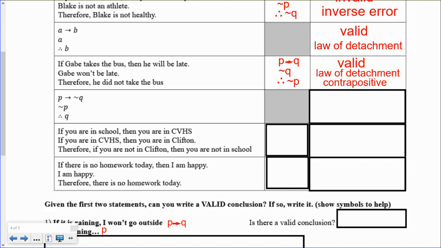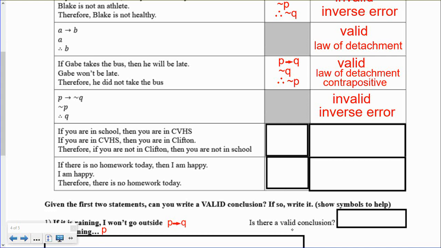No. What did I do? It's the inverse. See how this was positive, then I wrote the opposite, and then this was opposite, and I wrote the positive? I wrote the opposite of them. Didn't change the order, just wrote the opposite, so what do I call that? It's invalid by the inverse error.